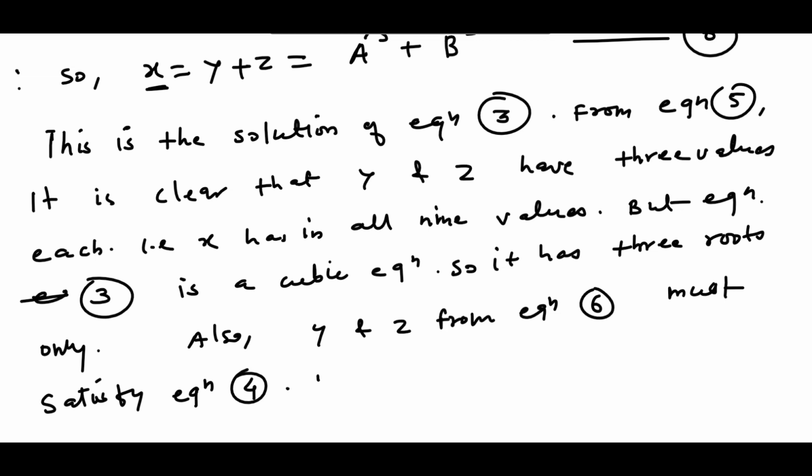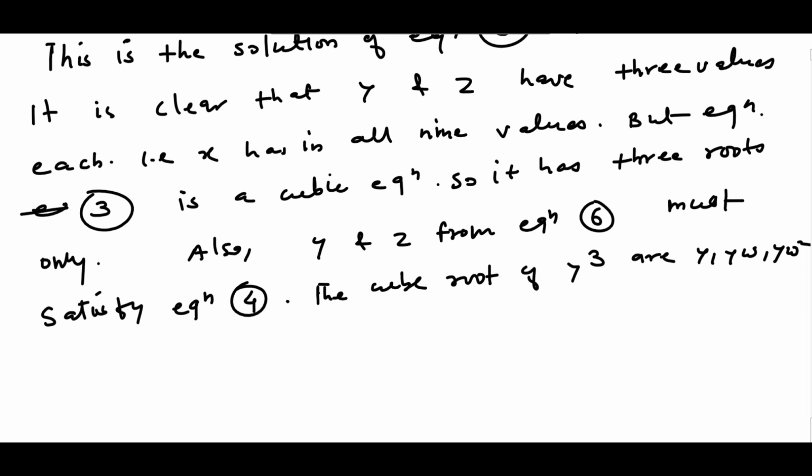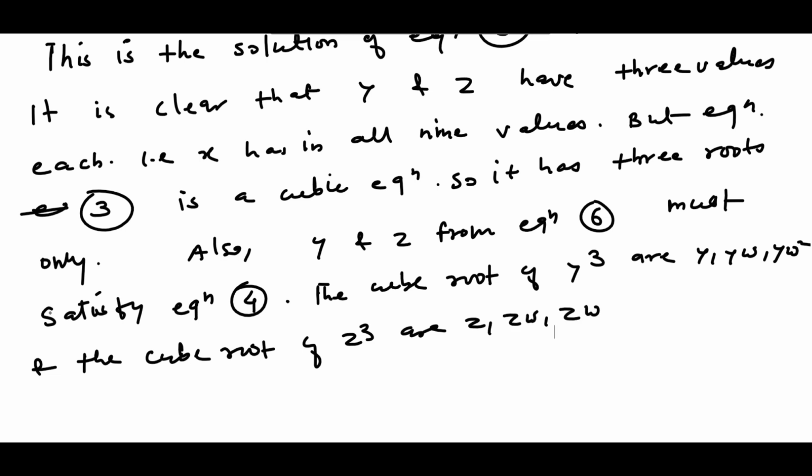So therefore we can write the cube roots of y to the power 3 are y, y omega and y omega square, and the cube roots of z to the power 3 are z, z omega and z omega square.